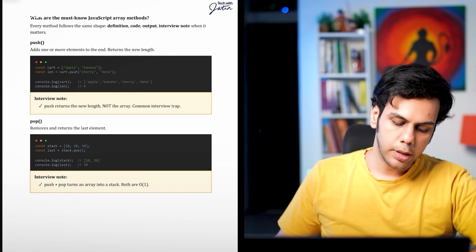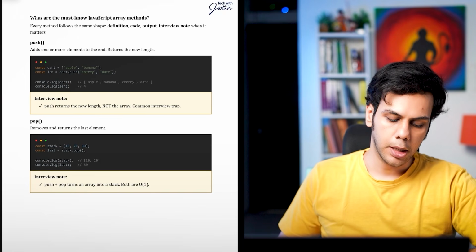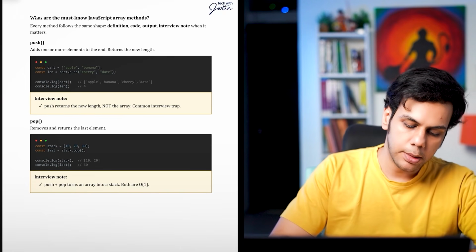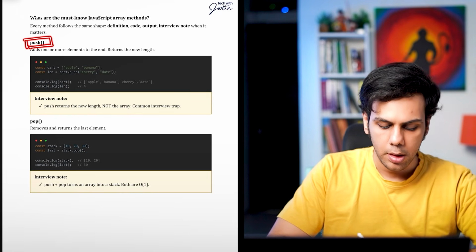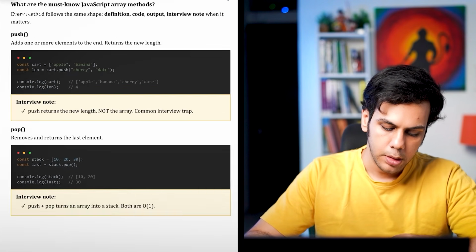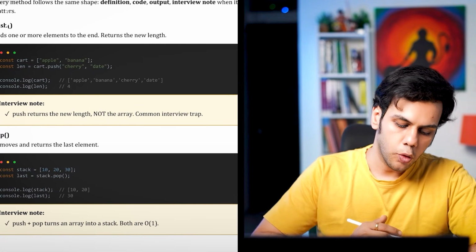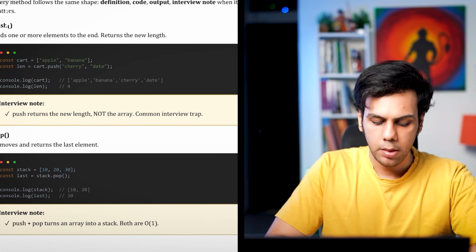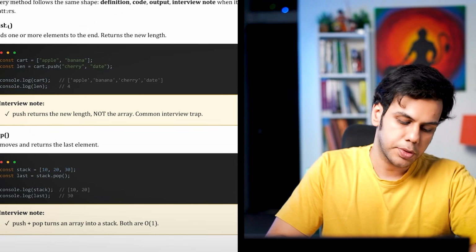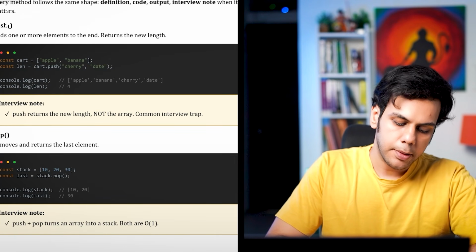Now, the first method that we will be focusing on is called the push method. What do you mean by push method? Look carefully. I have an array which has two values, apple and banana.